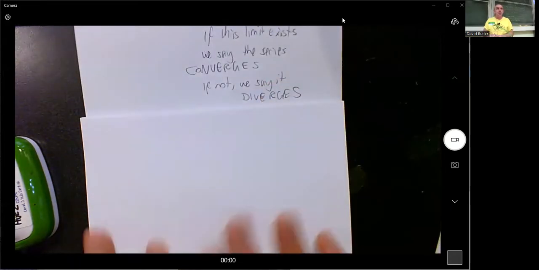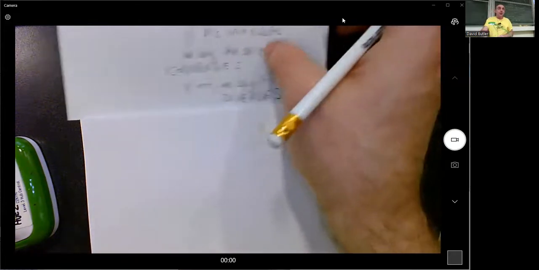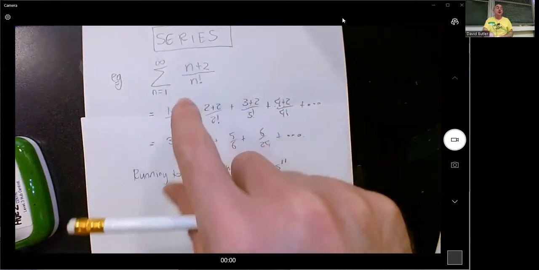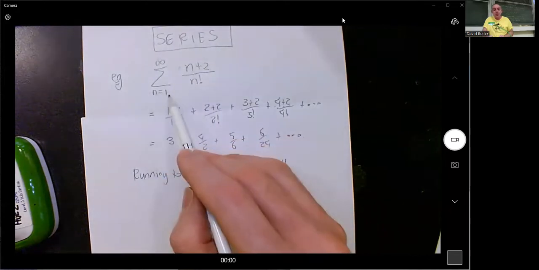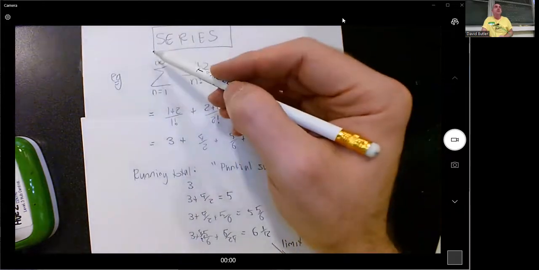Okay, but before I go on to the convergence tests, I want to say another thing, which is we can do this even worse. We can also have a formula that's not just this, but also has an x in it, which is unknown. Technically these n's aren't unknowns, because they're going to be subbed in for all the numbers from 1 to infinity. I know what n is, it's all of these numbers.